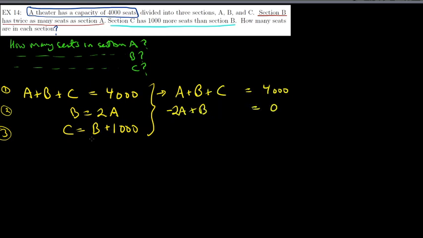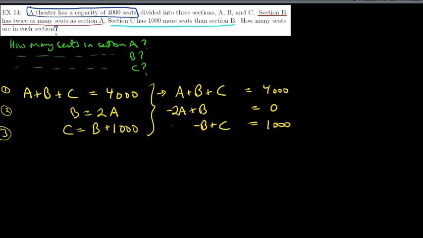And if we subtract the b here, we get negative b plus c, and that's still going to be 1,000. It's not completely necessary, but why not, just to make it look like the previous examples that we did.